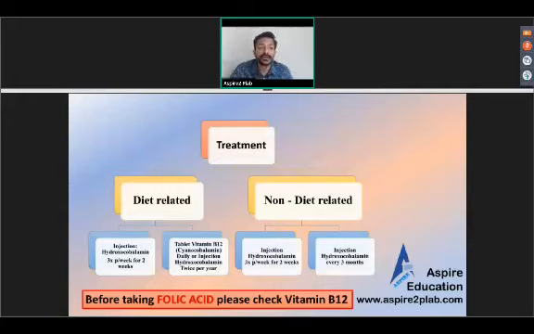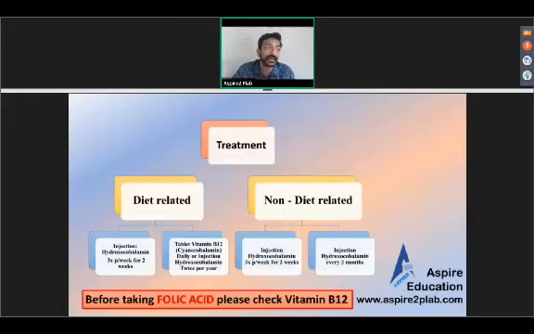Now we have to see if it is dietary related or non-dietary related. If it is dietary related, we have to give a continuous supply of vitamin B12, because the patient is on a vegan diet and it's a bit difficult for him or her to get vitamin B12.